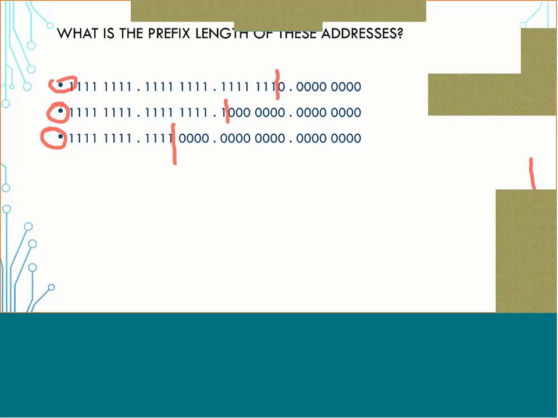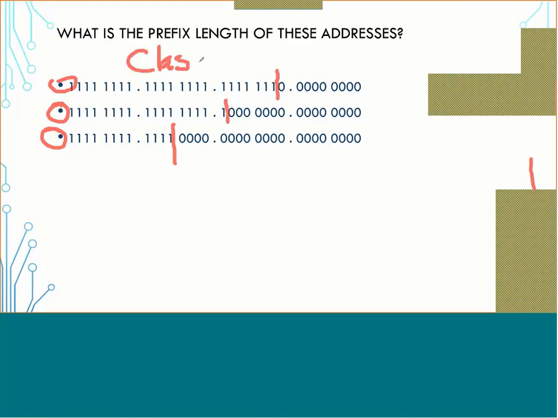Classful, right? When it's on the octet boundary, it's classful. Now, if it's not on the octet boundary, anybody want to make a guess what we call it? Yeah. I see a couple right answers. So when it's not on the octet boundary, we call it classless. They're classless, okay?